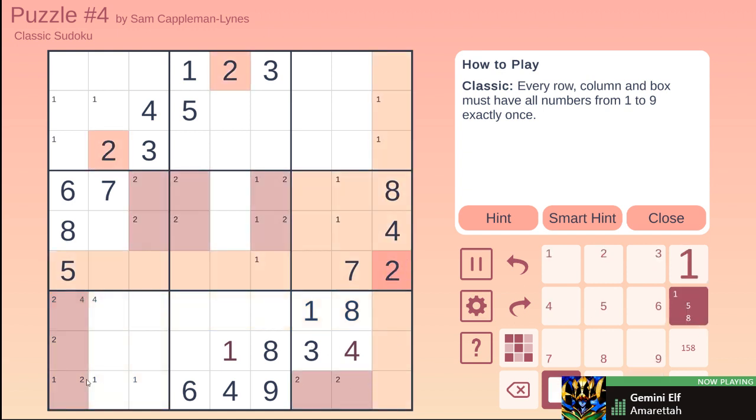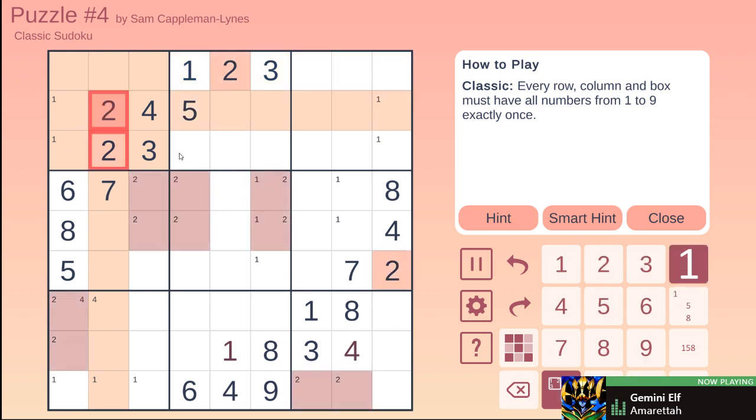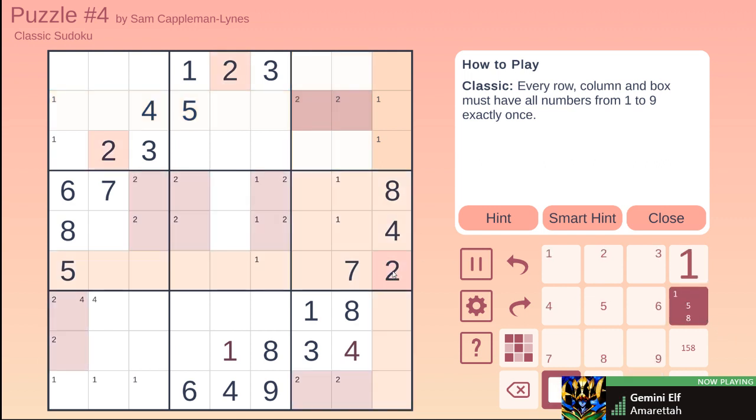Because now that 2 has to be here, this cannot be a 2. 2 has to be in one of these, which means 2 can't be there. 2 is right here, which means, wait, oh, there's already a 2 there. Duh. Never mind. 2 has to be in one of these 2 spots. We already know 2 is in there. 2 can be in one of these spots here.